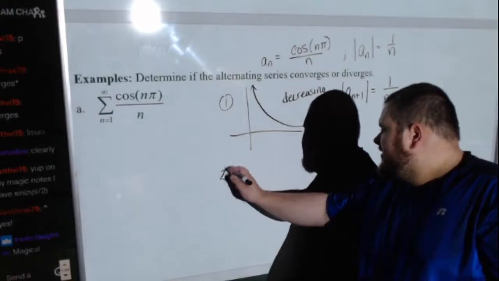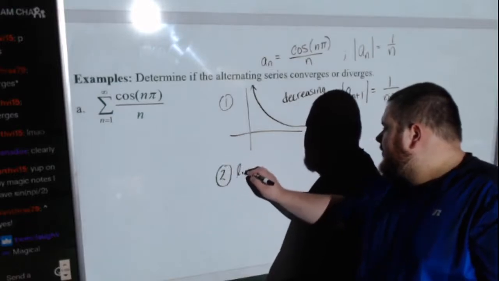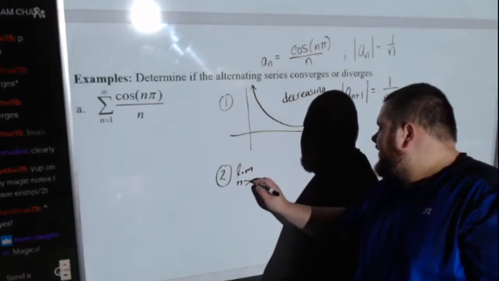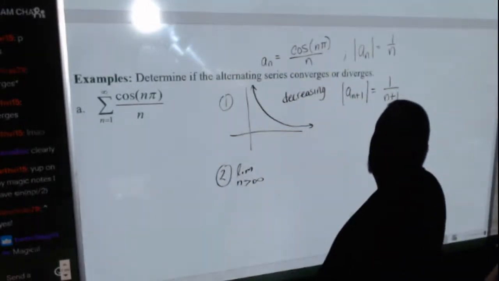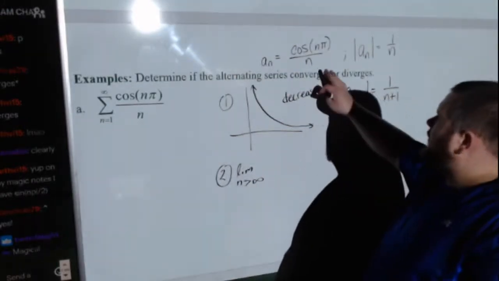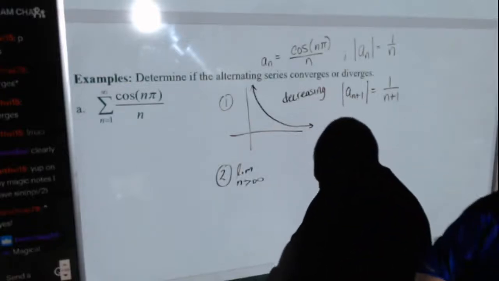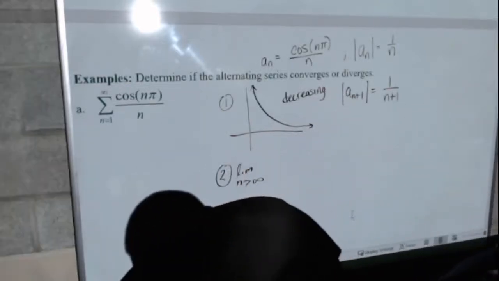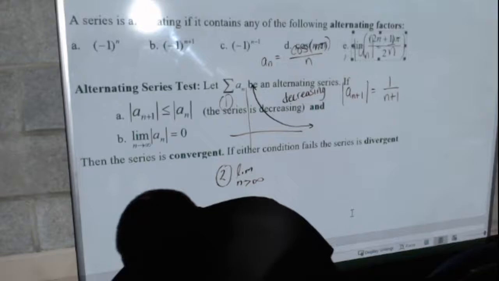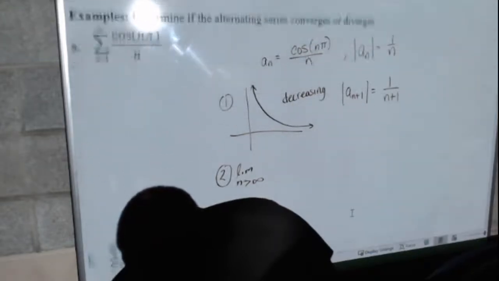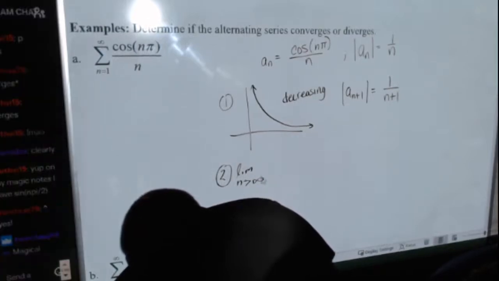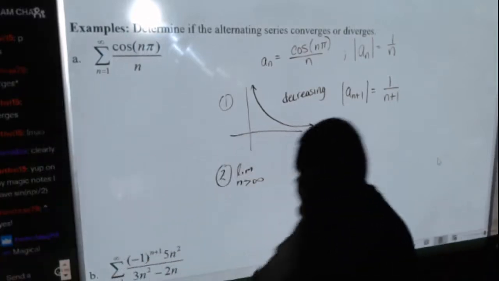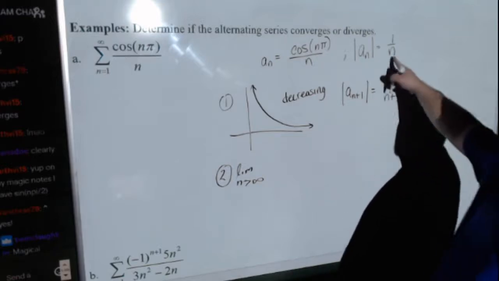And the second part says, take the limit as n approaches infinity of a sub n, right? So if we just scroll up real quick, of a sub n, or the absolute value of a sub n. Absolute value of a sub n is 1 over n.